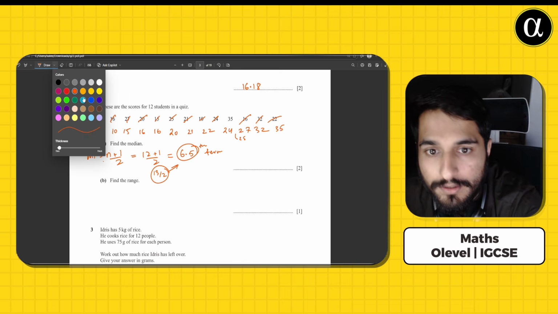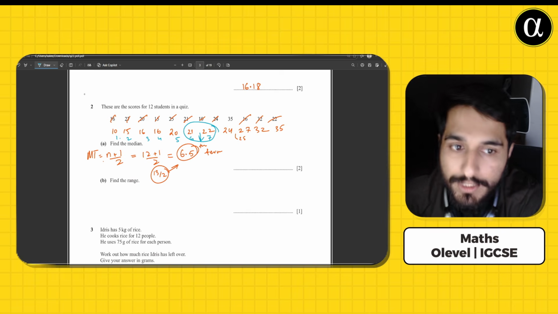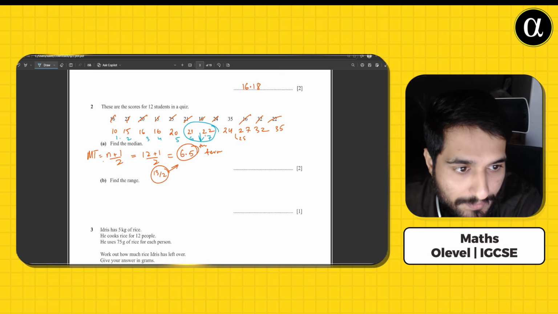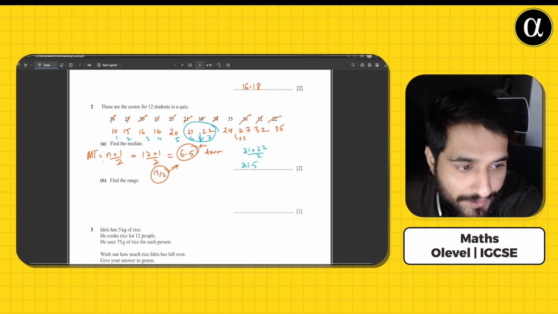Let's count these: 1, 2, 3, 4, 5, 6, and 7. So somewhere in the middle we will have 6.5. We add these two numbers and take the average by dividing by 2, and the answer should be 21.5.